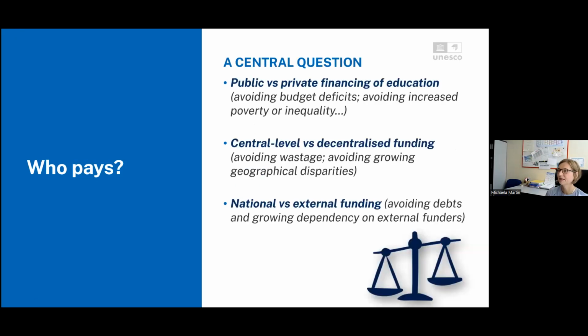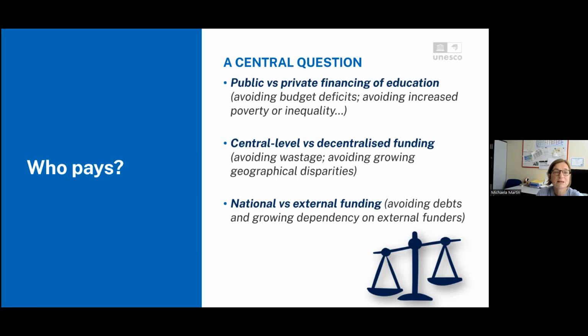Now, here are some questions that we will need to analyze when we do education sector diagnosis, analyzing cost and finance. So, what is the relative share of public versus private financing?